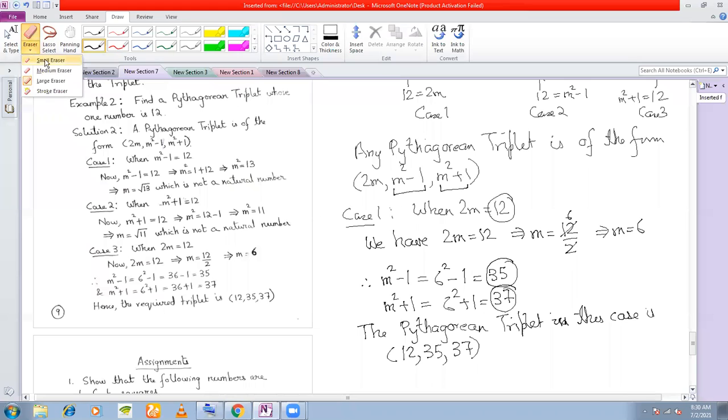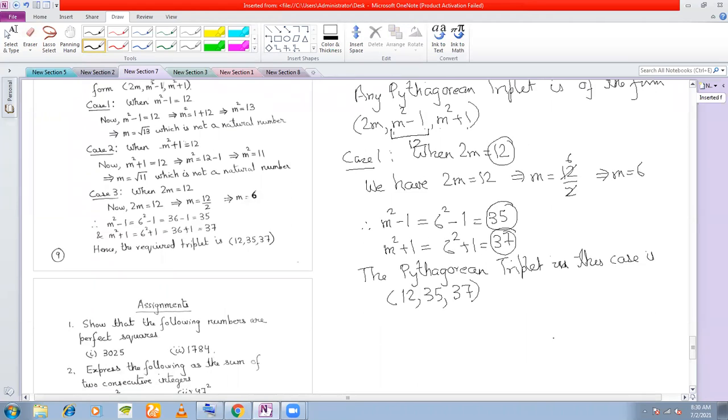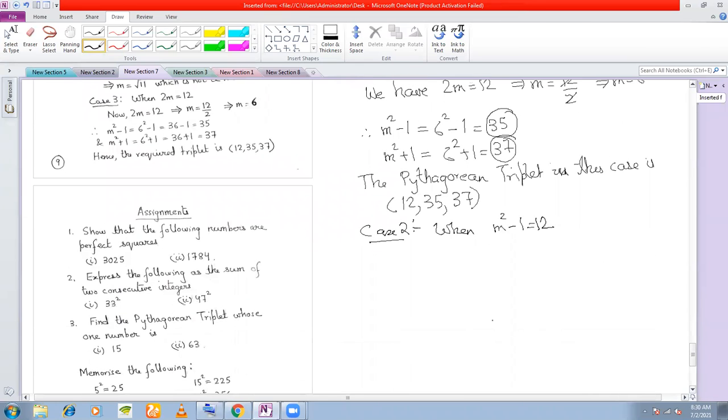This time we'll consider m square minus 1 equal to 12. Case 2, when m square minus 1 is equal to 12. So m square minus 1 equal to 12 means m square is equal to 12 plus 1.